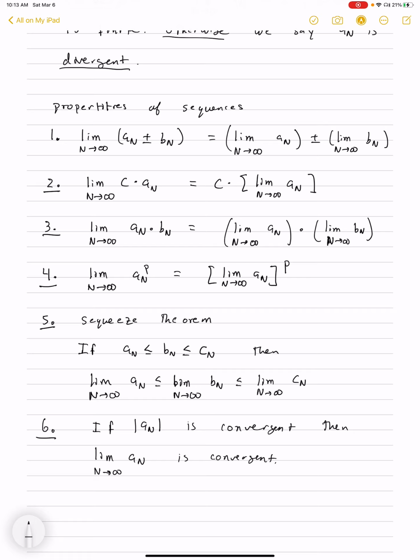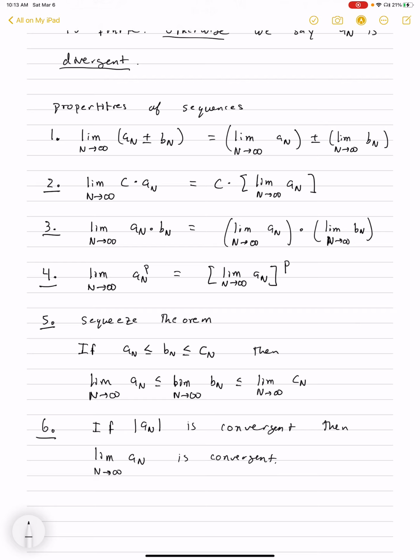And this is a direct application of the squeeze theorem. Here our lower bound would be minus the absolute value of a sub n, and our upper bound would be the positive one. Okay, so our rules of calculus apply.